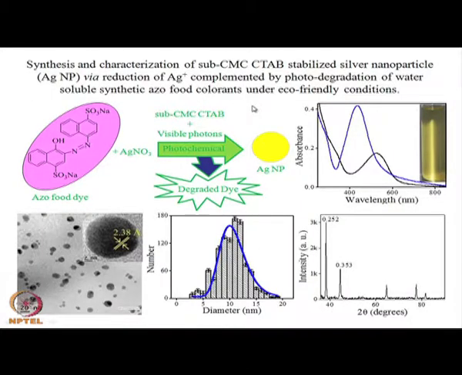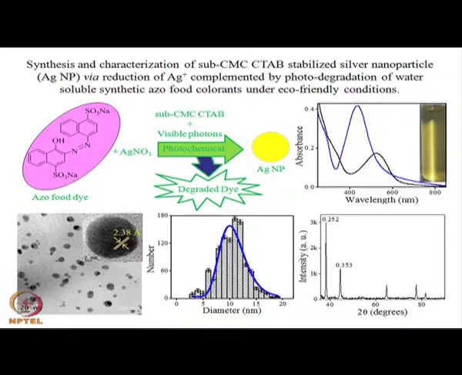There is one example of synthesis and characterization, a simple synthesis of CTAB stabilized nanoparticles, because as I told you, you need to have a stabilizer.